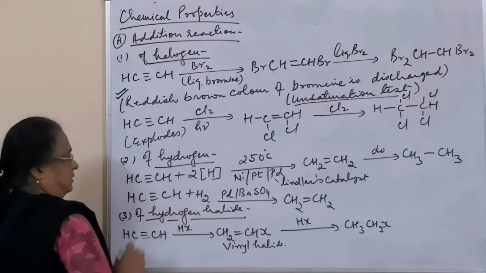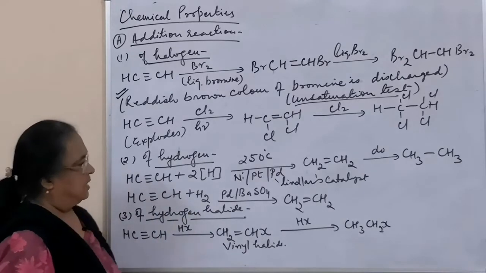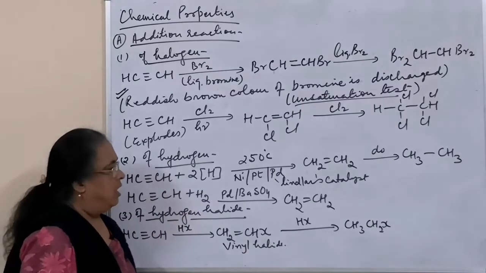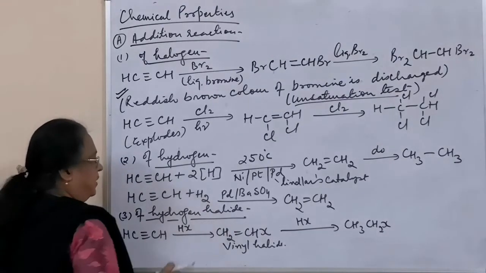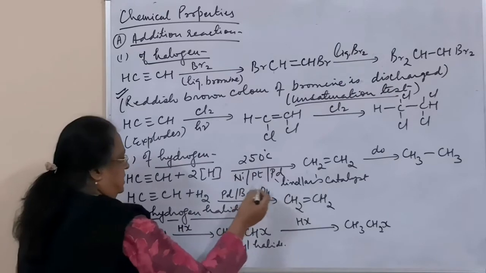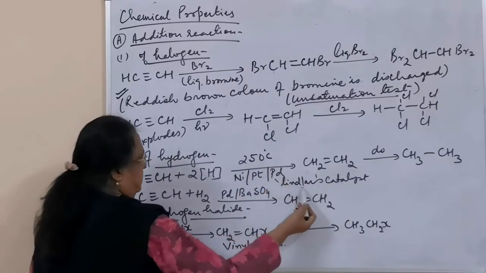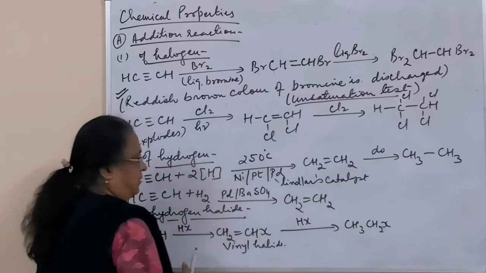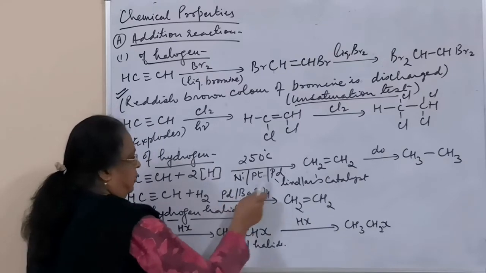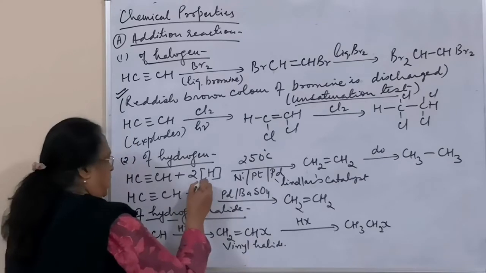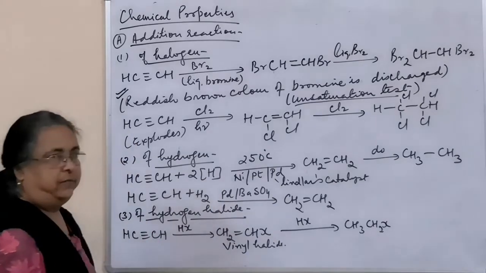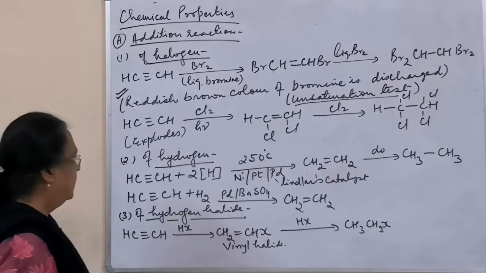Next is addition of hydrogen. When hydrogen gas is passed, or hydrogen is obtained from any reducing agent, then there is a catalyst. If palladium is used, it is also called Lindlar's catalyst, a name you should know. Any one of the three is used, the temperature is maintained, and nascent hydrogen obtained from a reducing agent is passed.